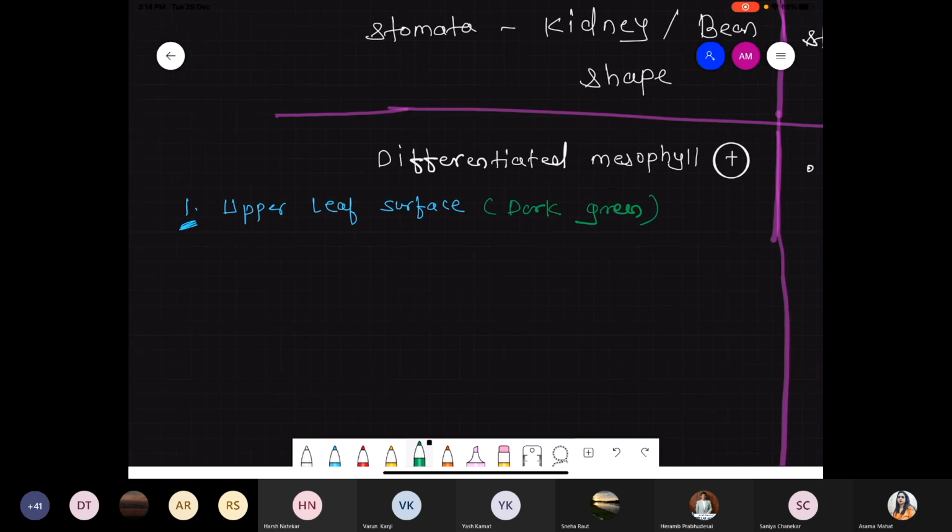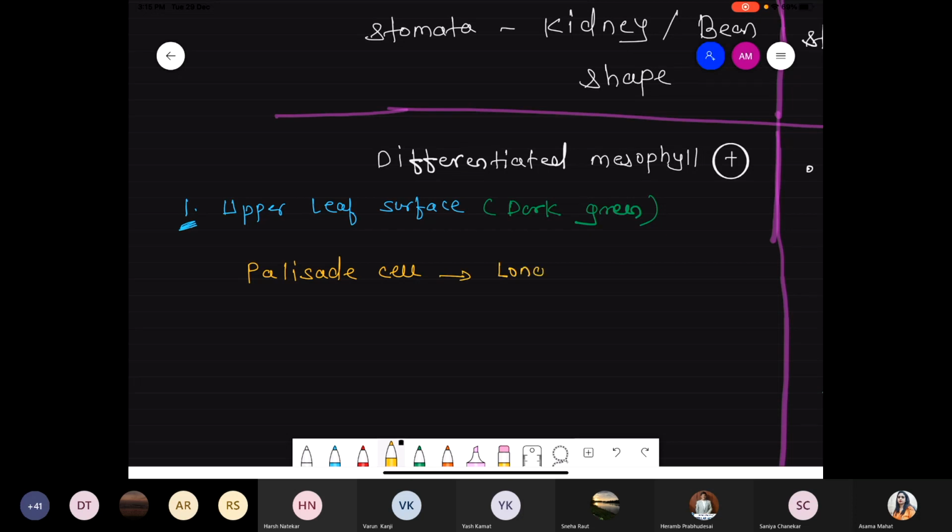Number one, the upper leaf surface tissues are called the palisade cells, which are present toward the upper side. Palisade cells are long as well as column shaped.